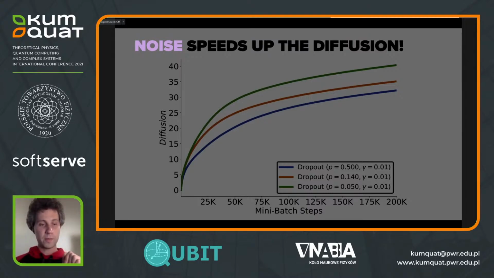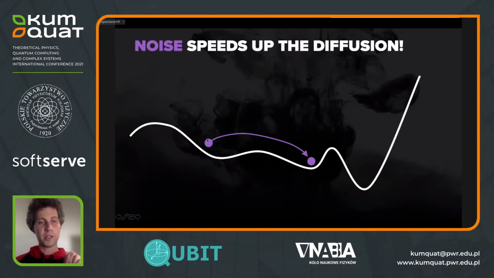So imagine that you start with this initial configuration and then you move to some other configuration. These two are defined by some vector of your weights, and you can compute the projection of one vector onto the other and compute the distance.